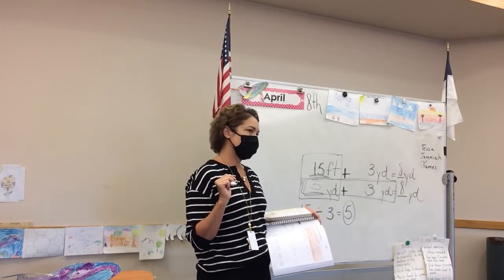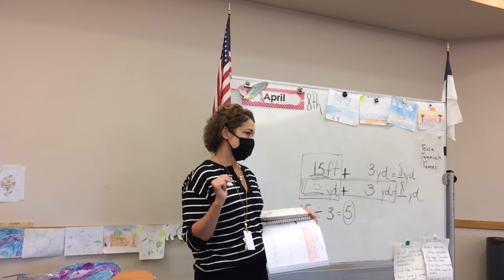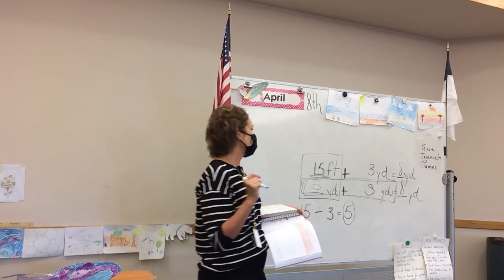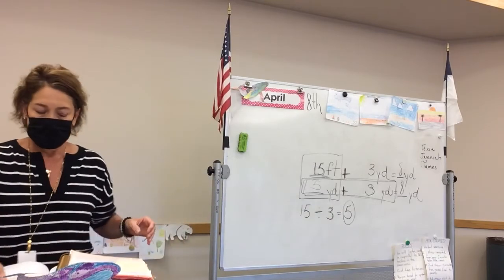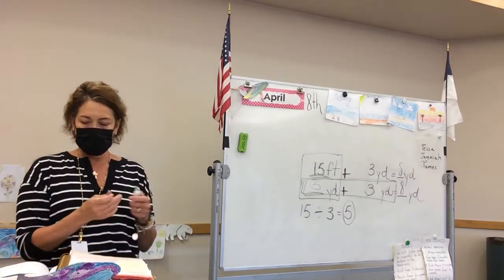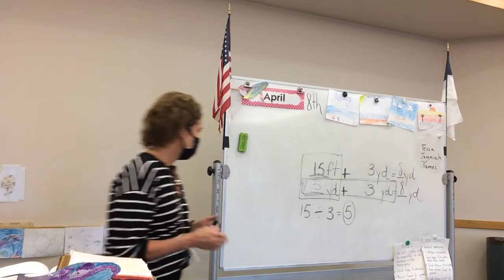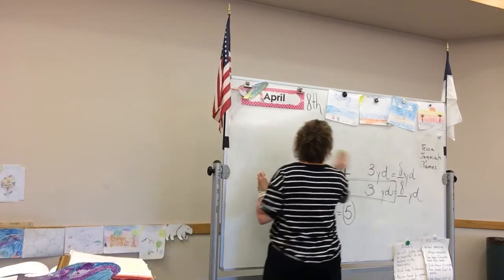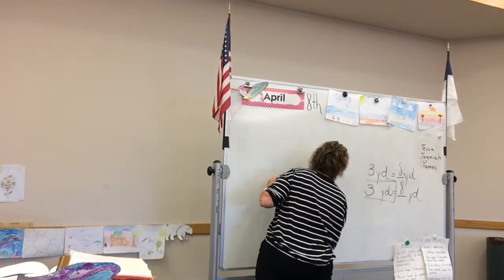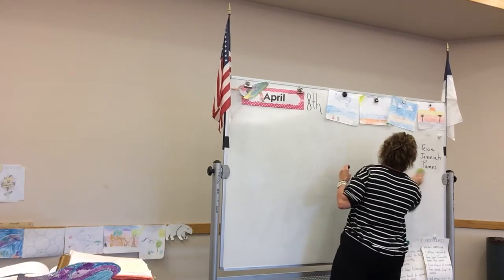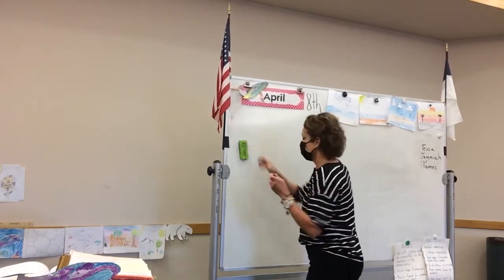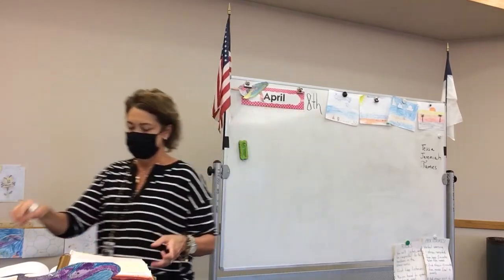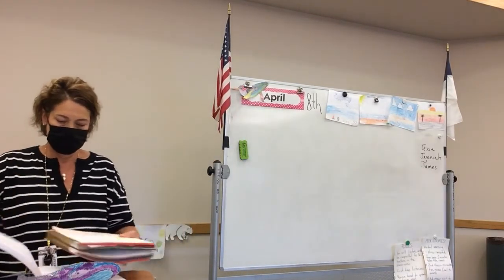All right, I see confusion. There's a lot of steps. All right, so let's just talk about the steps. I'm just going to do another one and talk you through it.